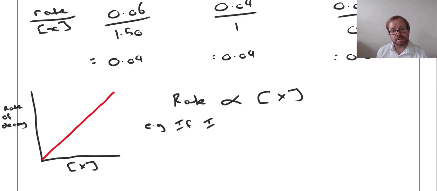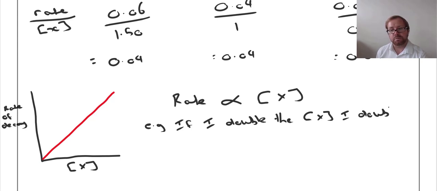If I double the concentration of X, I double the rate.